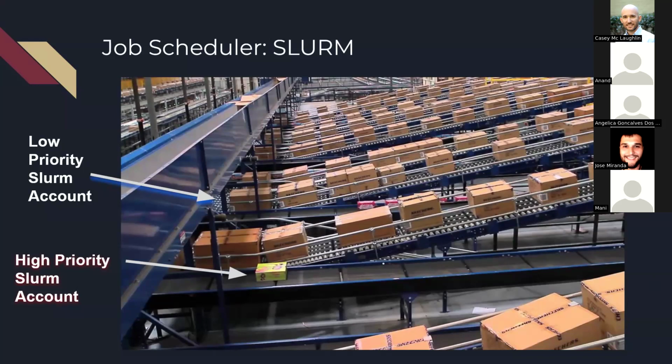Now, some of the terminology: sometimes you hear people say queue, sometimes people say partition. We call it a Slurm account. This line is what you would traditionally call a partition, but we call it the account because you pay for Prime, so it's a Prime Slurm account.